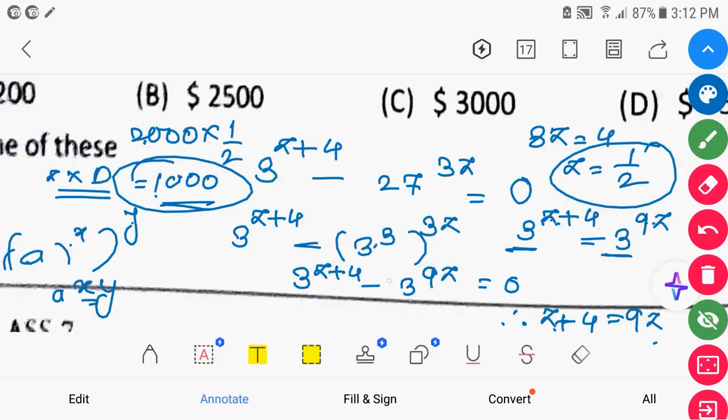Okay. Now this is the thing which we covered in the exponent chapter. If the base is the same, the exponents will be equal.